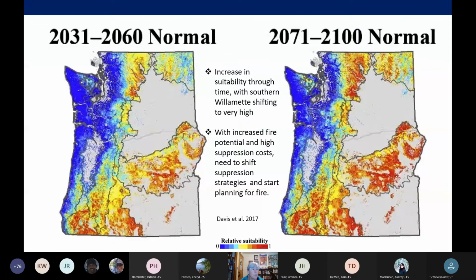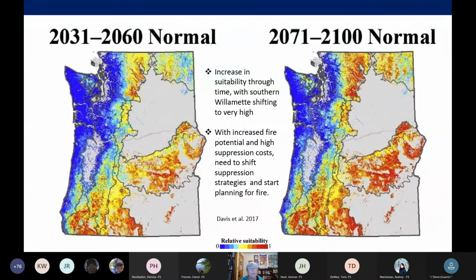So it's not going to be a question of if we're going to have fire in our future. It's really a question of when are we going to have fire in our future? By 2100, most of the Willamette is going to be moderately or highly suitable for large wildfires to move through our forests.